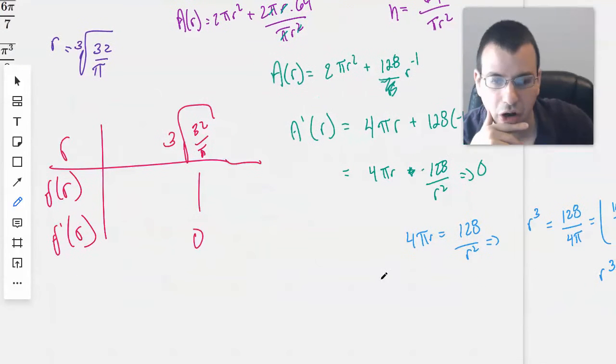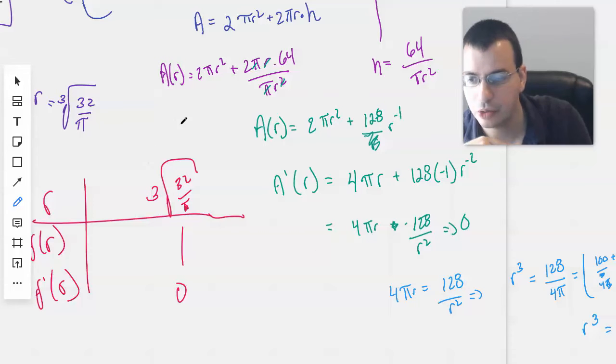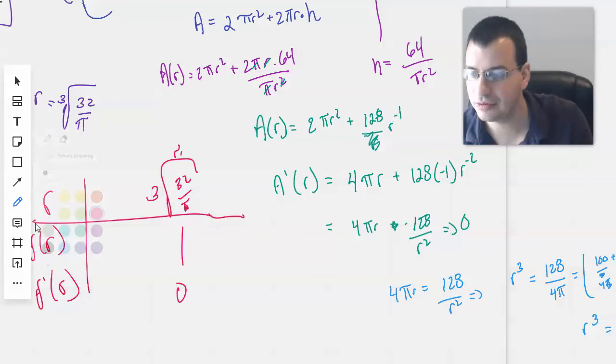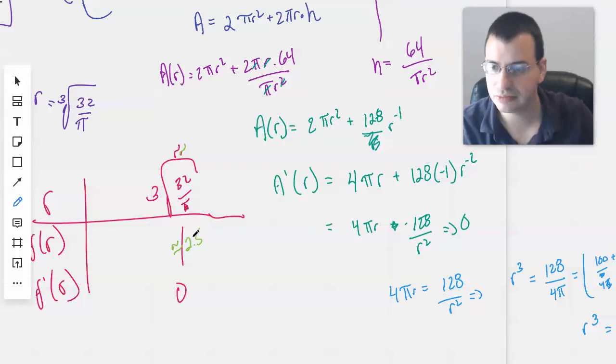So right in here is a radius of about 2.5.